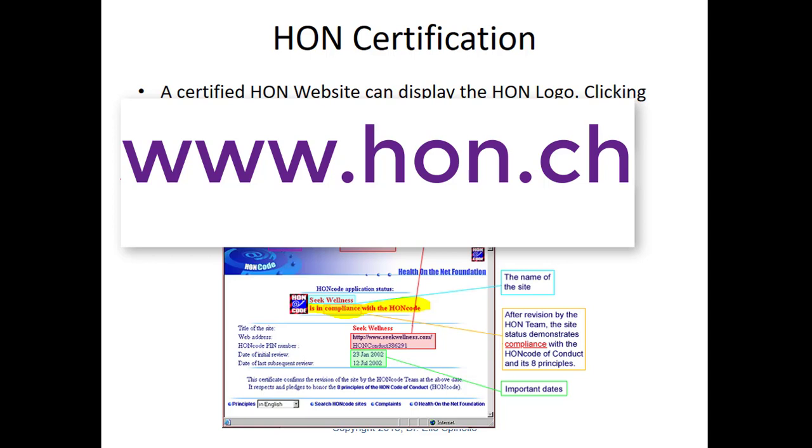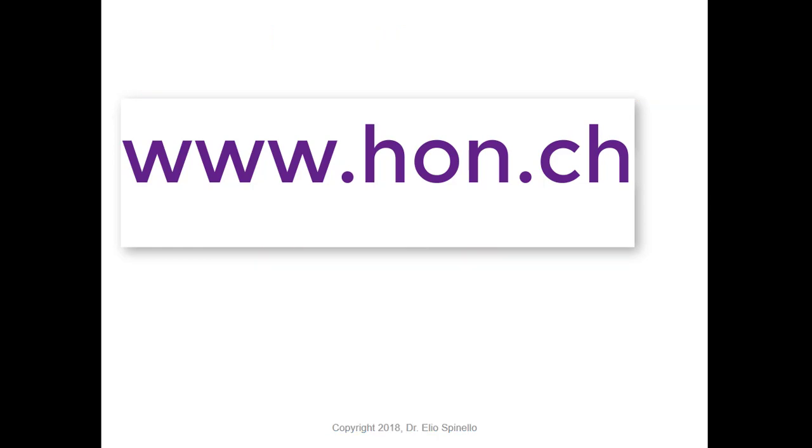There have been at least a couple of studies that I have seen that have shown that websites that are HON compliant do seem to have better quality health information. So these are studies where they've gone out, they've sampled the data, they've had healthcare professionals review it for the quality, and then assessed it. And it seems to be that HON websites do seem to be better quality in terms of health information.